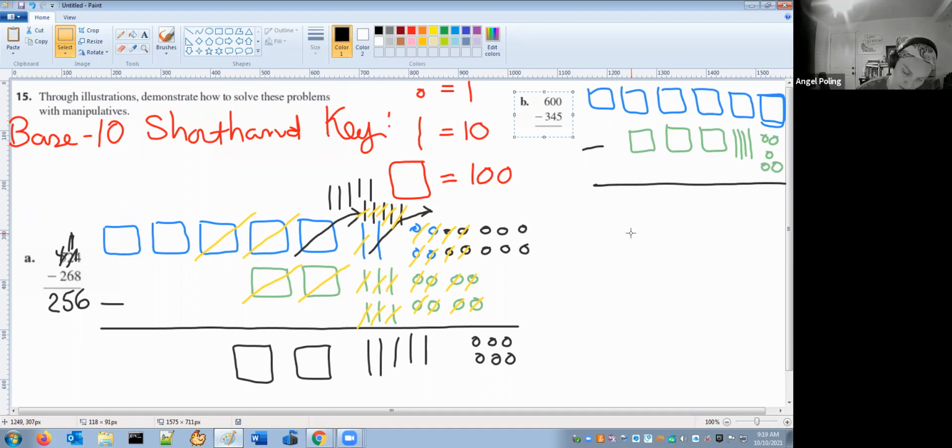So to start with, we're going to borrow one of the symbols that we do have, which we're going to turn into or regroup as 10 rods. Now we have rods, but we're still just trying to take away these units.